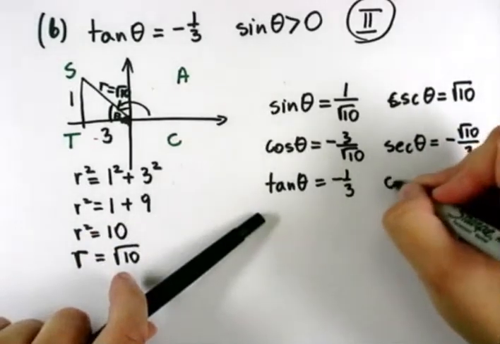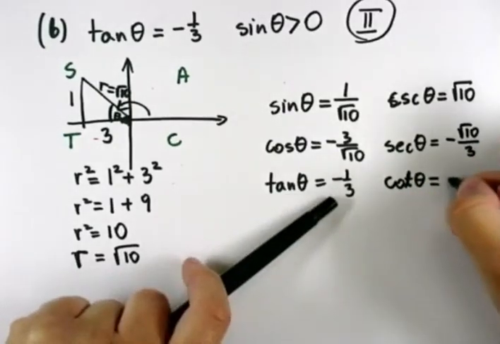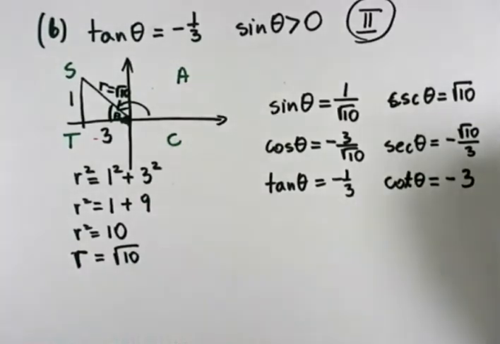And cotangent theta: flip the value over, minus 3 over 1, which is minus 3. And that concludes this section. Thank you.